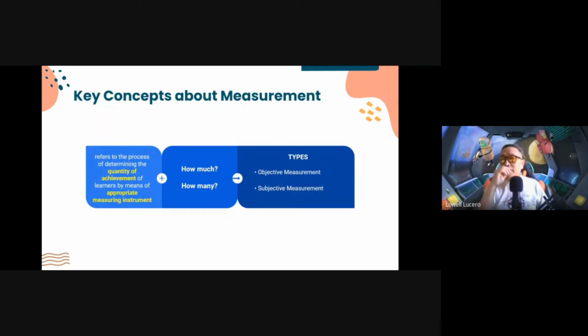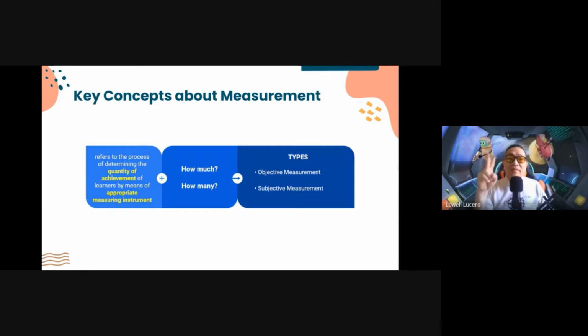Next are the key concepts about measurement. We said measurement in the education context refers to the process of determining the quantity, take note of this word, quantity of achievement of learners by means of appropriate measuring instruments. So there are two key concepts. One, quantity of achievement.